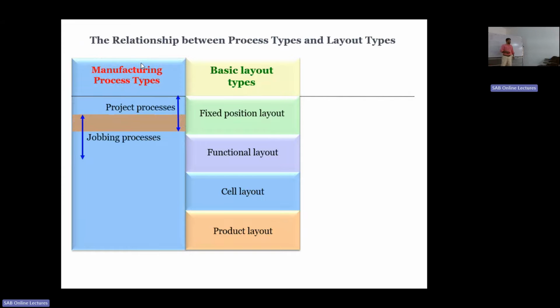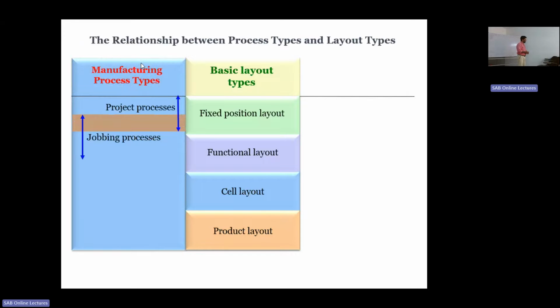Coming to the second process type, we call it jobbing processes. What layouts are recommended for that? Look at the arrow. For jobbing processes, do you remember their characteristics? A variety of outputs in a small volume.